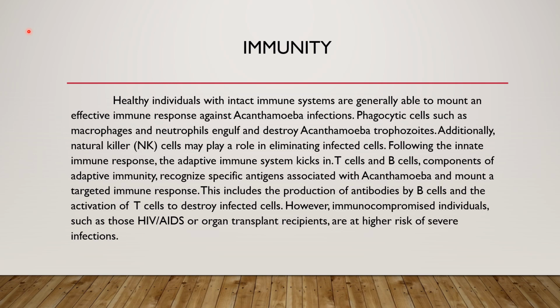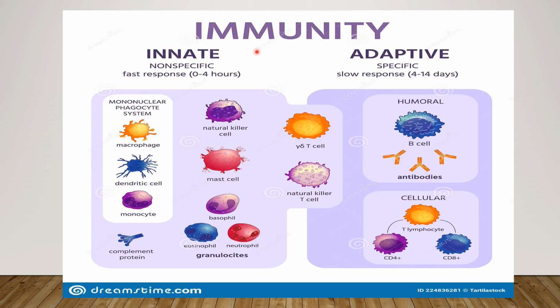However, immunocompromised individuals, such as those with HIV, AIDS, or organ transplants, are at high risk of severe infections. So if we're talking about immunity, you have your innate and your adaptive.